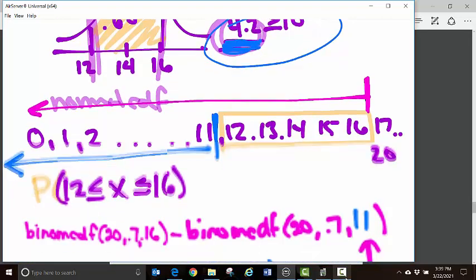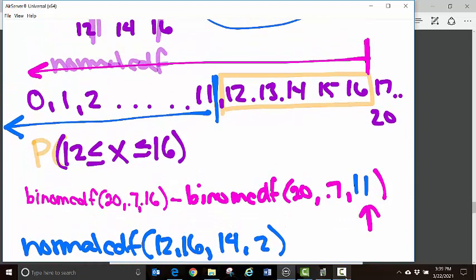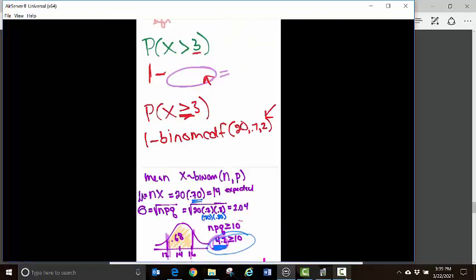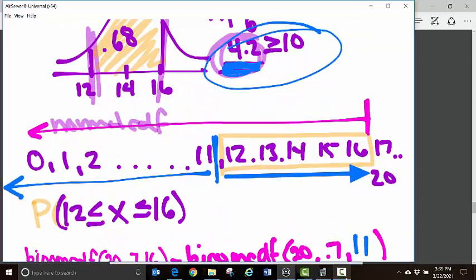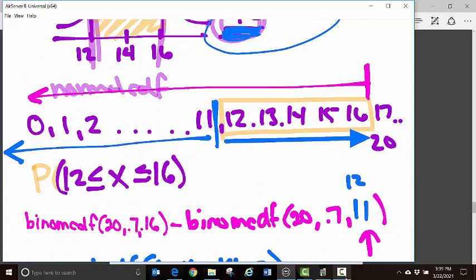So the question would be, we want 12 through 16, so we wanted these guys. If you want these guys, you don't want to put 12 right here because then it would include 12 to what you're taking off. So if it said greater than 12, less than 16, then you would do 15 and you would do 12.